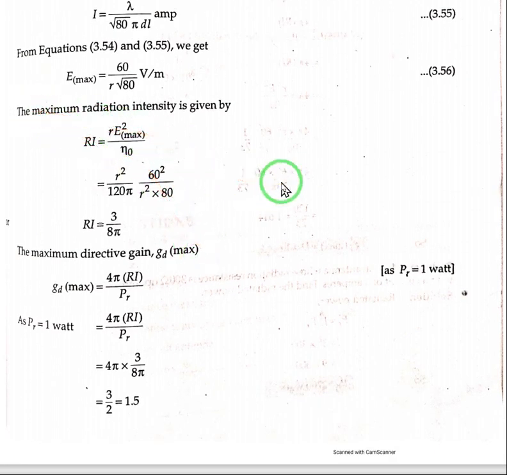Then the E max becomes 60 over R under root 80 volt per meter. We know that radiation intensity is equal to R squared E squared over eta naught, as discussed in the last lecture.